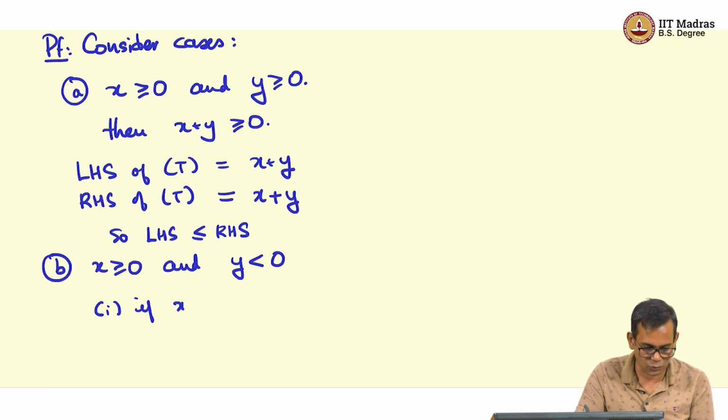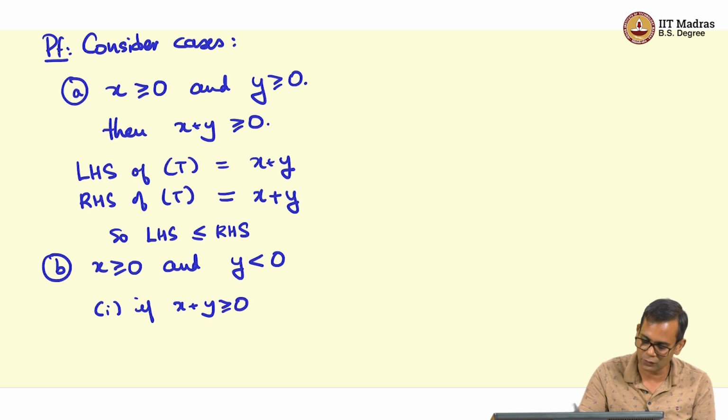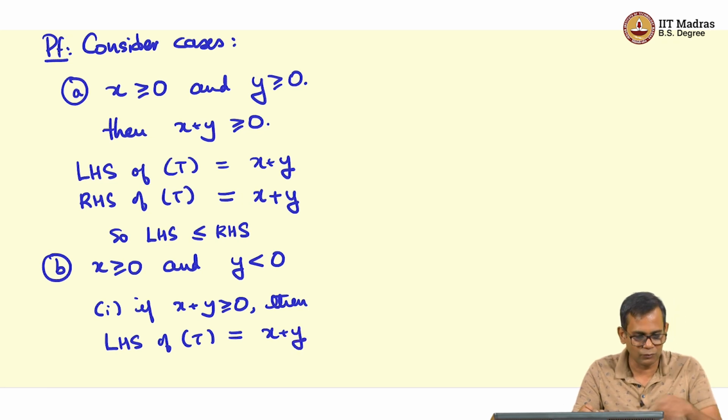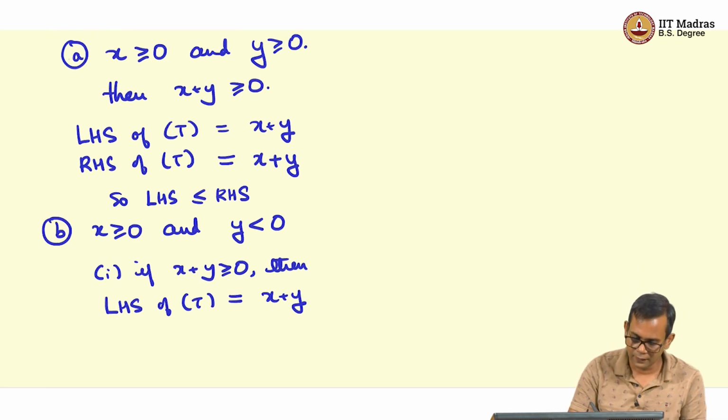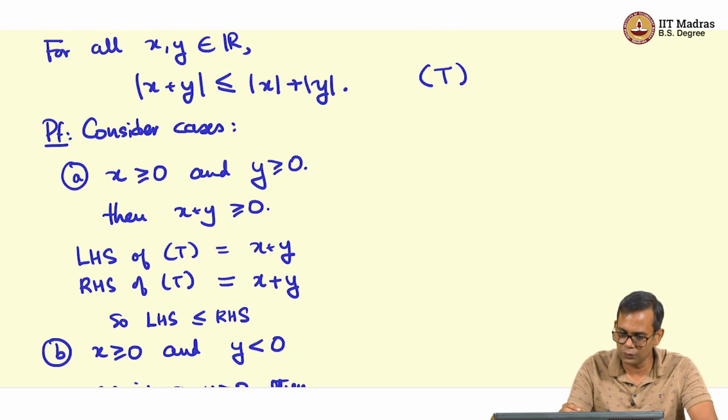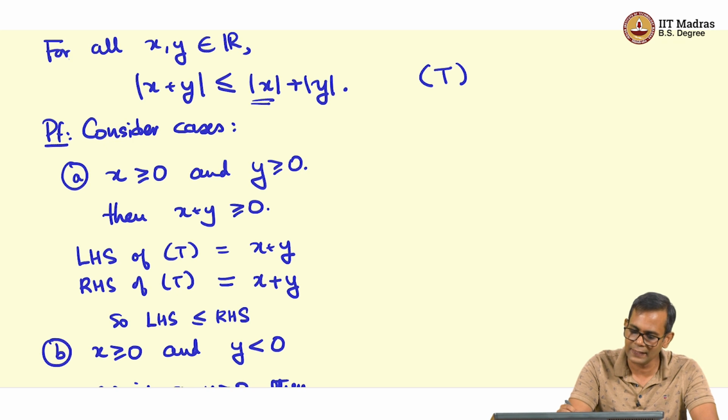So, if x plus y is greater than or equal to 0, then the left hand side of T is, well, it is just x plus y. And what is the right hand side of T? The right hand side of T is, well, x is greater than or equal to 0. So, the absolute value of x is x, y is less than or equal to 0.